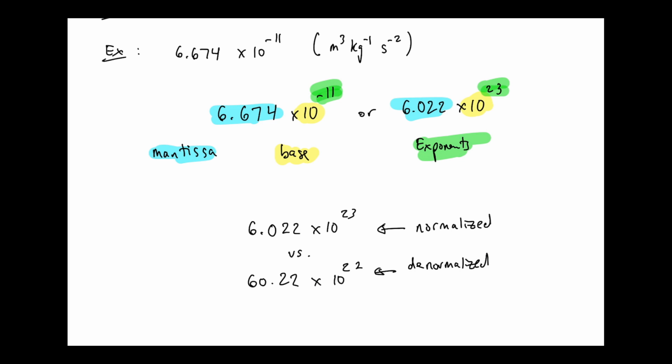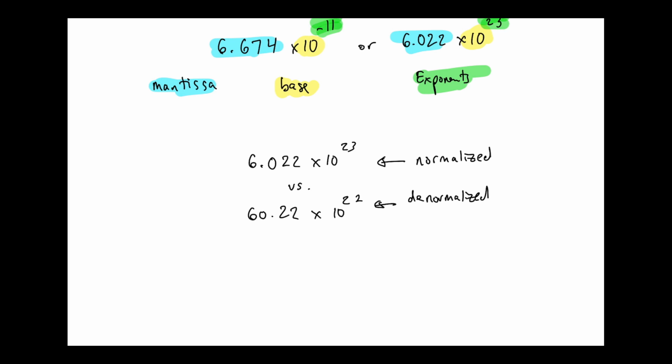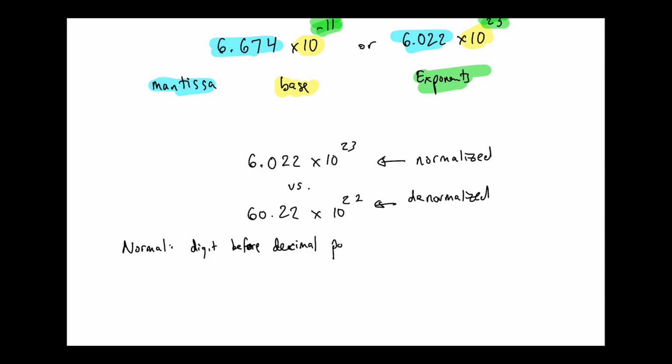So the digit before the decimal point could be any of the digits from 1 up to 9.